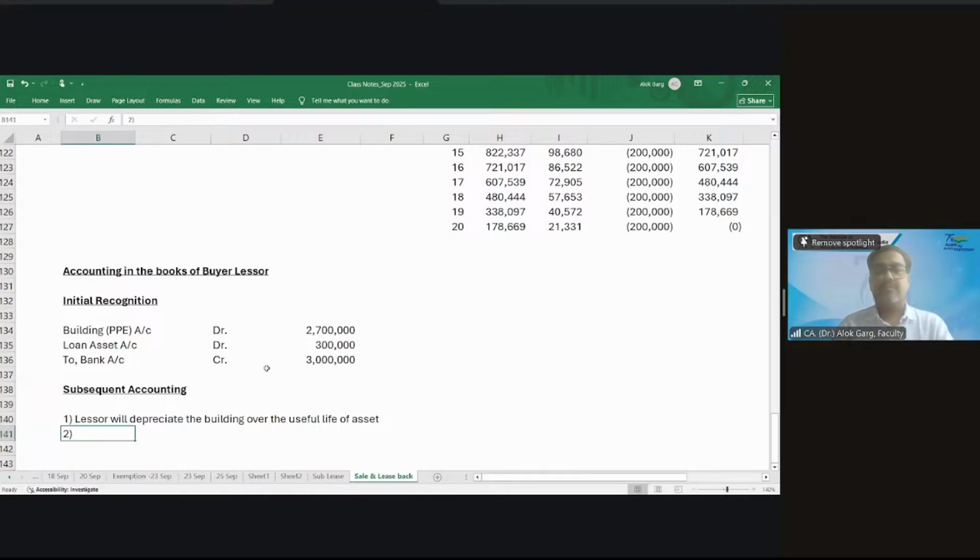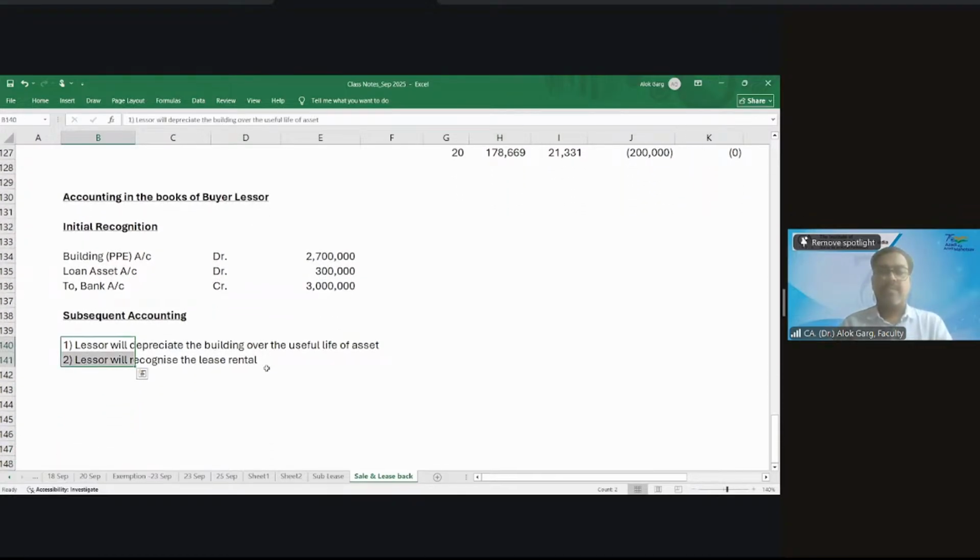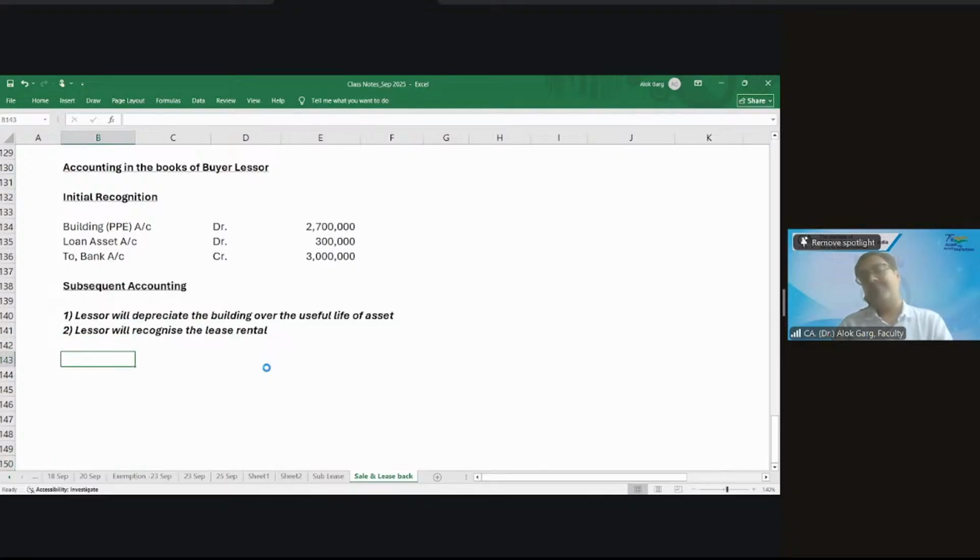Number 2, lessor will recognize the lease rental.